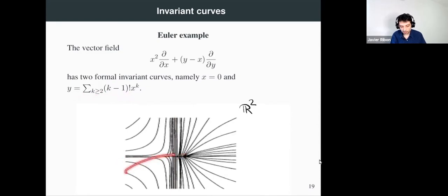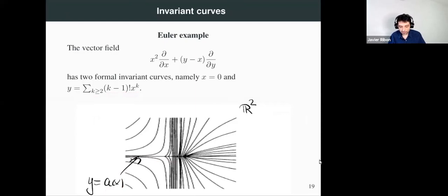So this curve that we find over here is not analytic, but it is a C-infinity curve whose Taylor power expansion at the origin is this one. This can be written as a graph. And what we are saying is that this function over here is C-infinity, and its expansion at the origin is exactly this one.